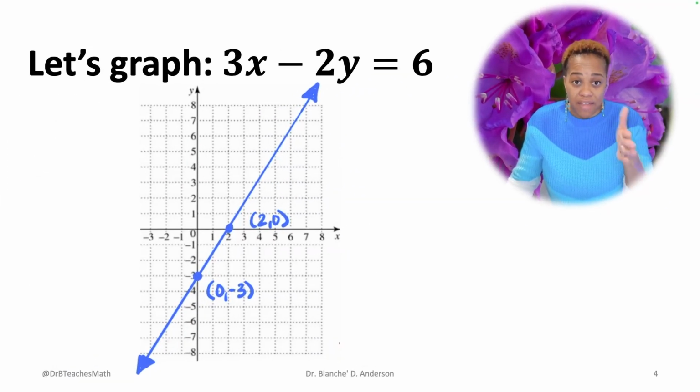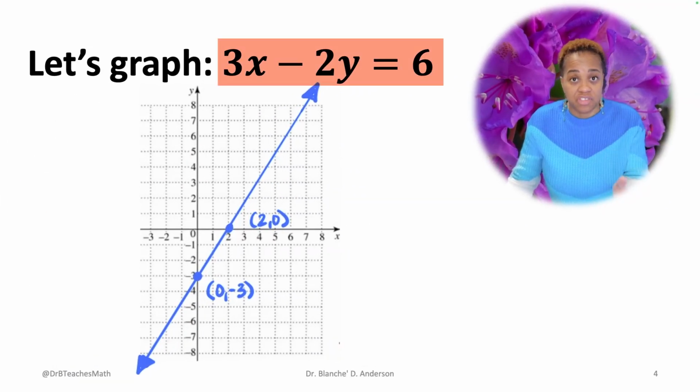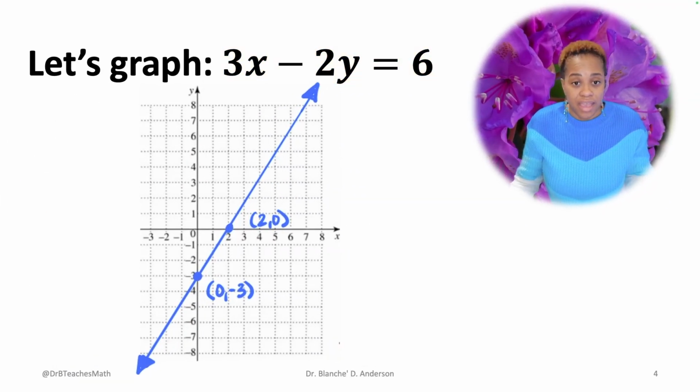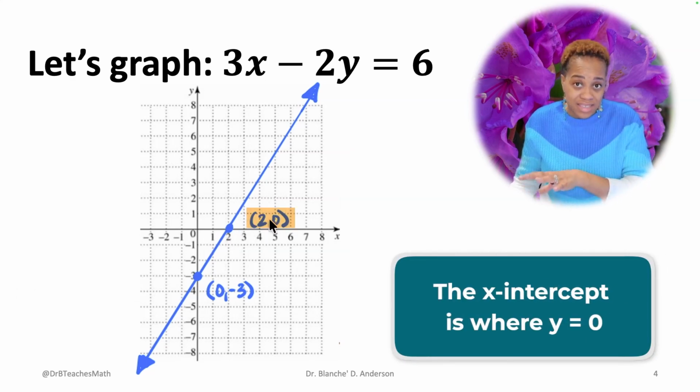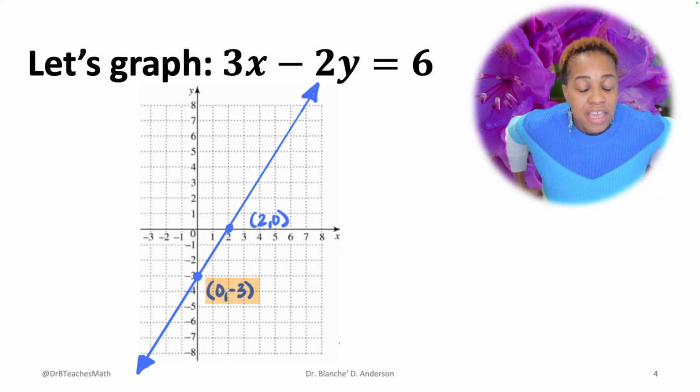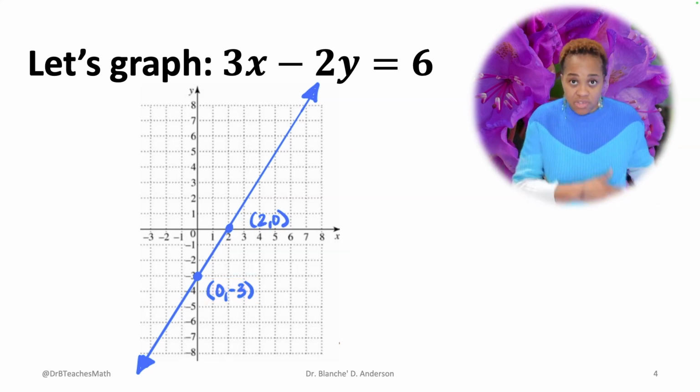If I were to graph 3x minus 2y equals 6, this is what it would look like. I found the x-intercept point. The x-intercept is where y is equal to 0. You find the x. And then here's the y-intercept point, 0, negative 3. I set x equal to 0, and I found y. If you stick with finding the x-intercept and y-intercept, all you need is 2 points.